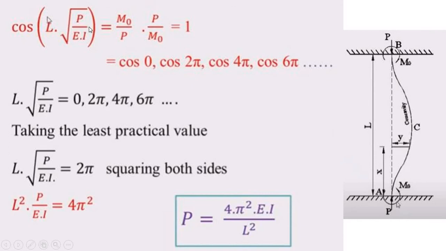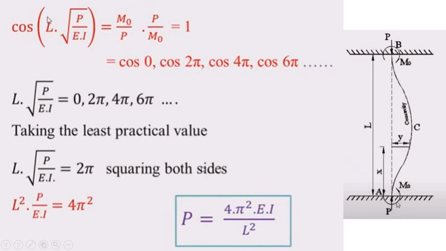So that condition is satisfied only if the value of L into under root P by EI equal to either 0 or 2 pi or 4 pi or 6 pi, like that. Now taking the least practical value, we get L into under root P upon EI equal to 2 pi.